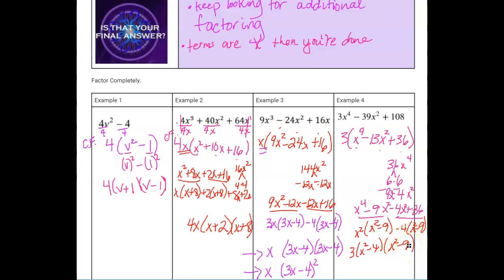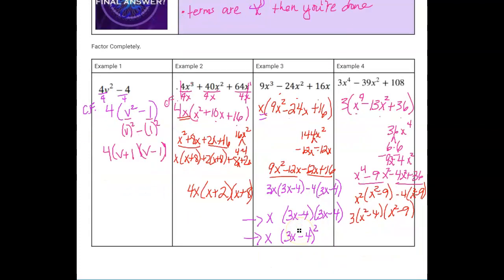And we did do 2 different types of factoring, but these terms aren't x to the first. We've got 2 terms in both of them, and they are perfect squares. So I'm going to write the 3, and then that's like x squared, and 4 is 2 squared, so 1's plus, 1's minus.